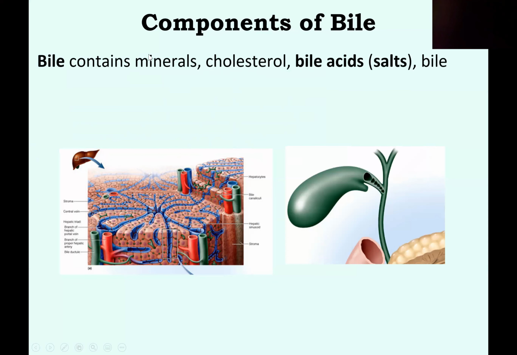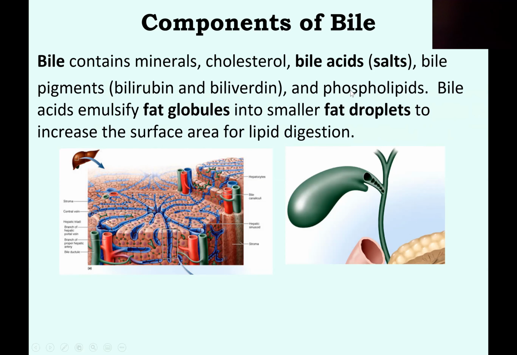Bile is composed of minerals, cholesterol, bile acids, which we also call bile salts, bile pigments called bilirubin and biliverdin, and phospholipids. The active ingredient is the bile acids or bile salts.